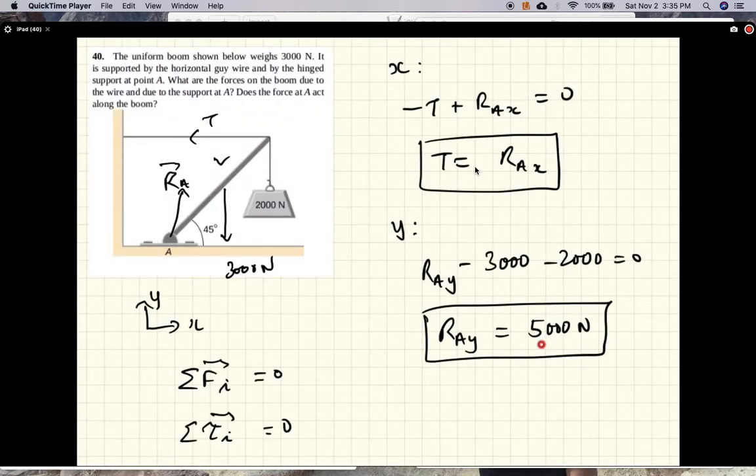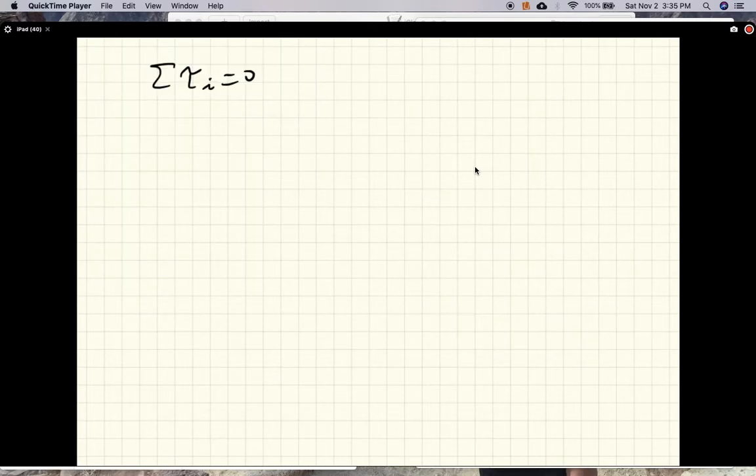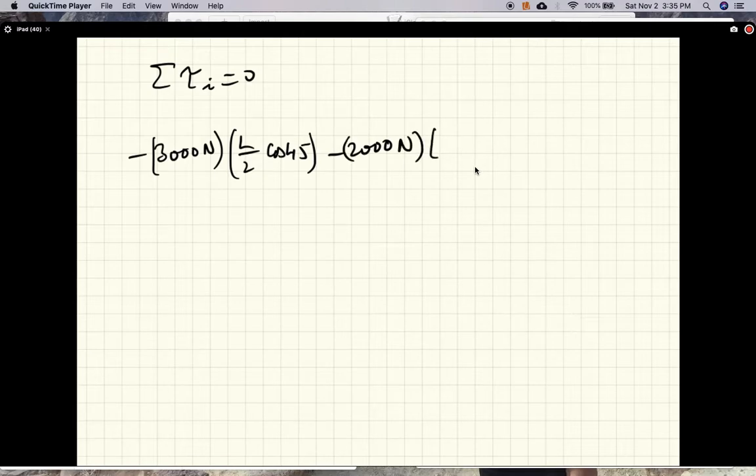All right, so clockwise torques are negative, so minus 3000 newtons times L by 2 cosine 45, minus 2000 newtons times L cosine 45, and plus tension times L sine 45 equals 0.